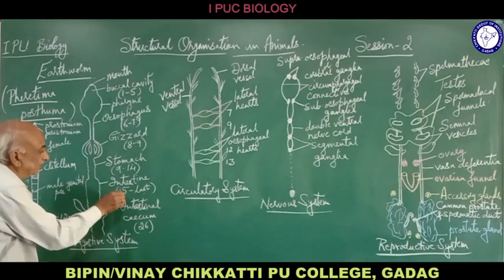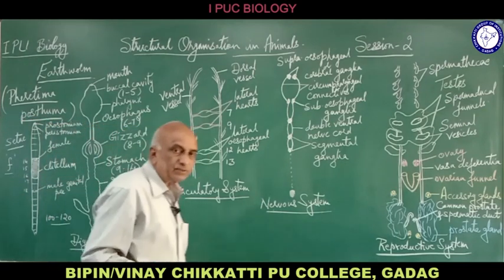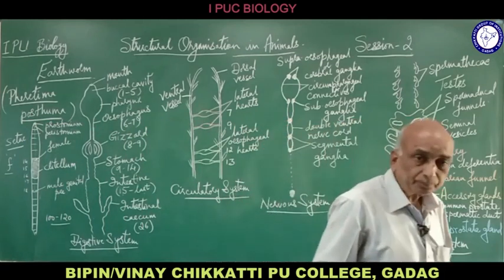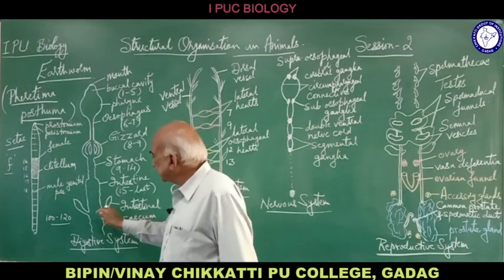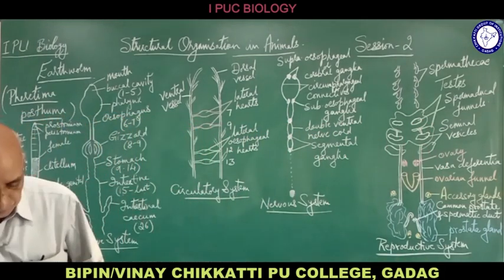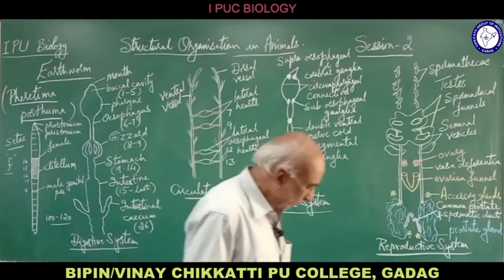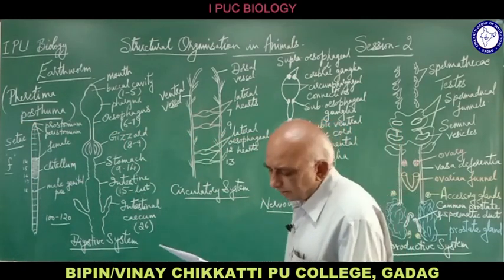So from the 15th segment there is a broad intestine which continues till the last segment, and in the 26th segment of the intestine there is a pair of projections which are seen. These pair of projections are called the intestinal caecum.